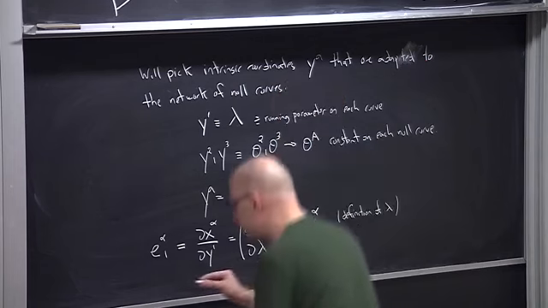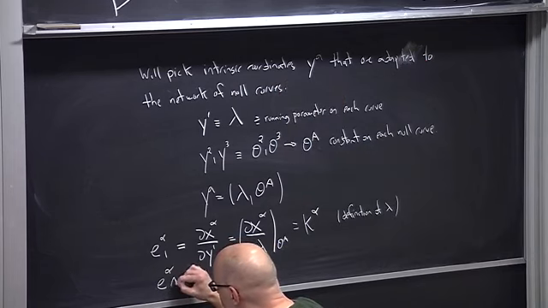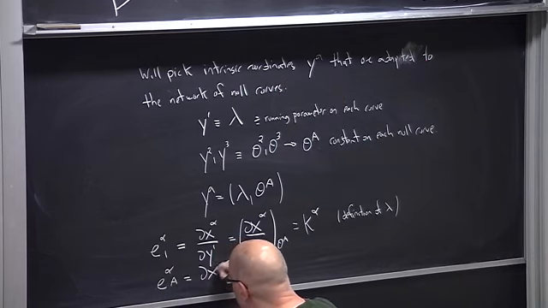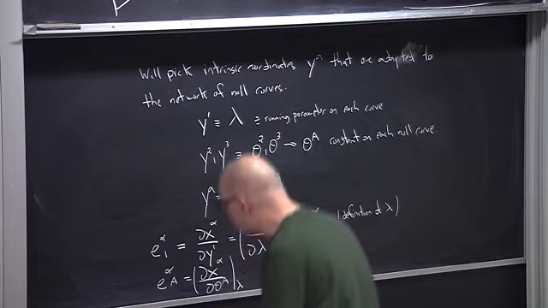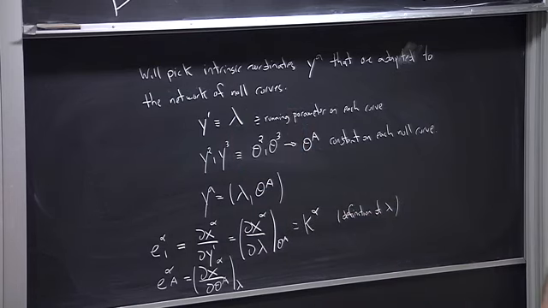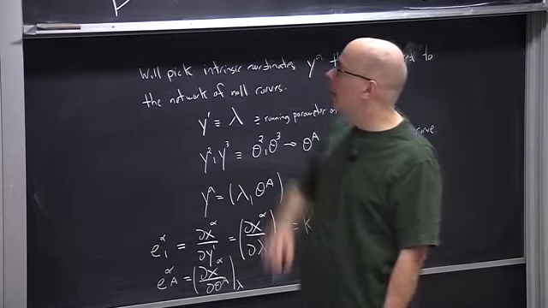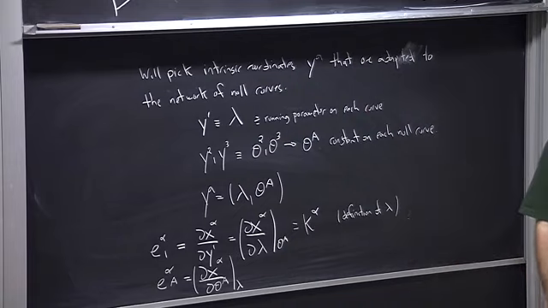The other guys, keeping lambda fixed, are just my other tangent vectors. And one property that I will impose, again, that has to do with the latitude that I can pick in various labels and various things that will be constant on curves.